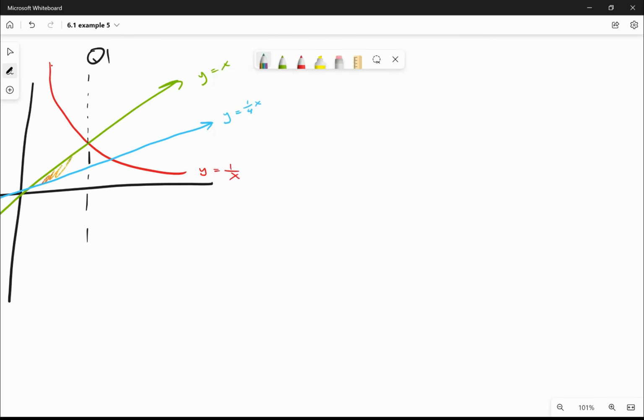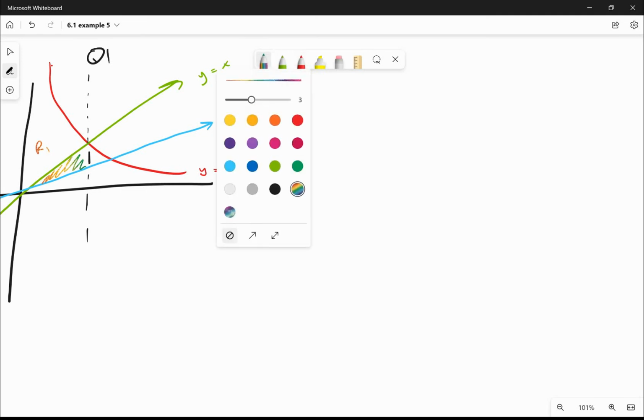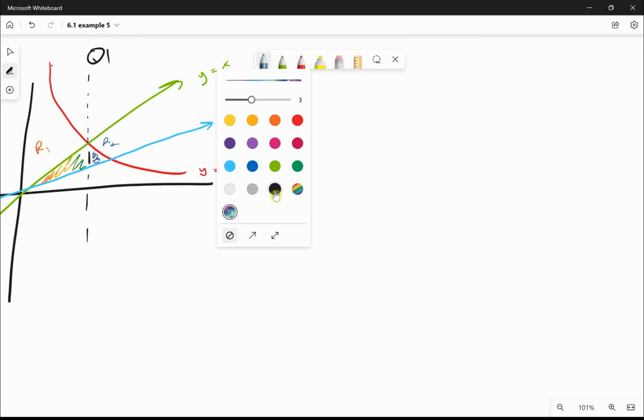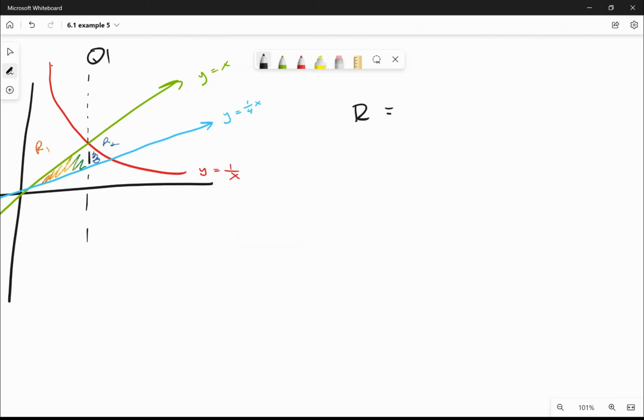Call this one R1, and this other one R2. The whole region is the union of R1 and R2, so the area will be the sum of the areas of these two regions.